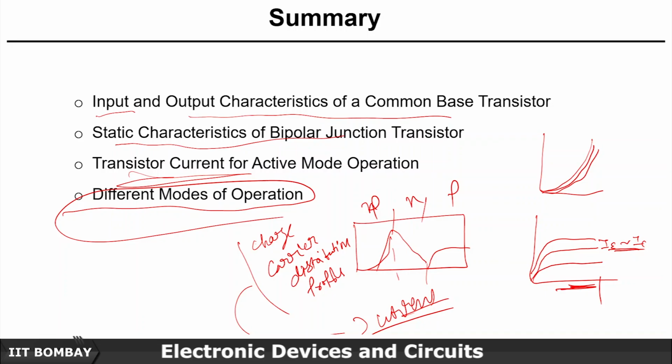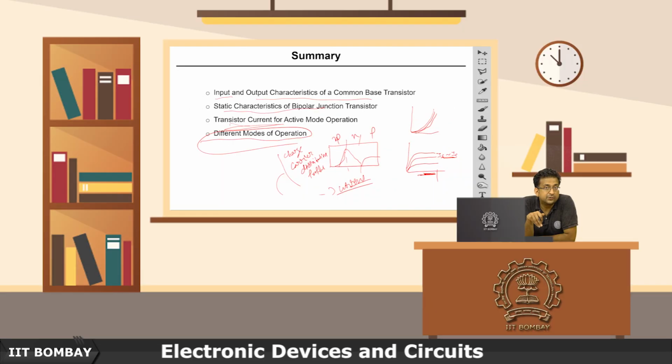So to an extent we covered how to calculate the current in the transistor, and as we have observed here, it depends a lot on parameters like A and the concentration profiles, basically the concentration profiles of the doping. So doping distribution is also very important. In these calculations we have assumed these different regions have uniform doping.